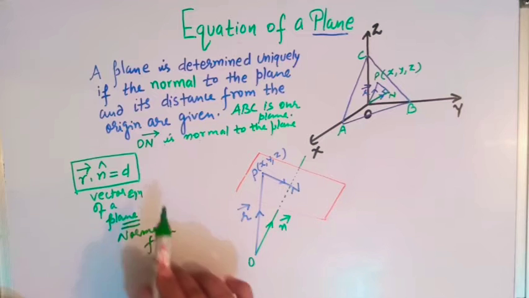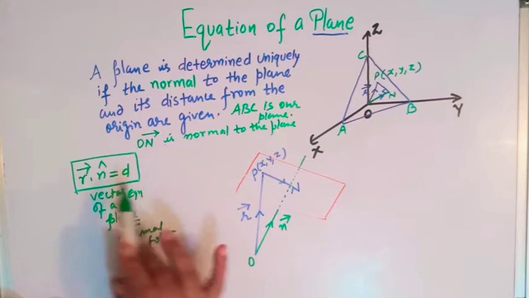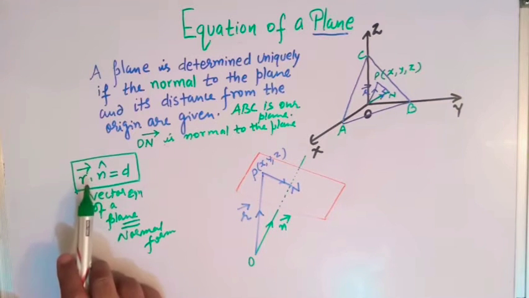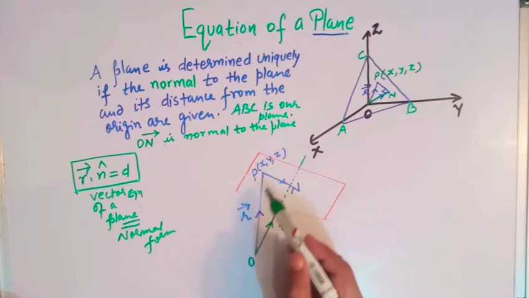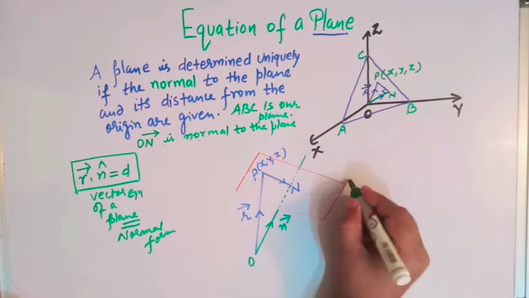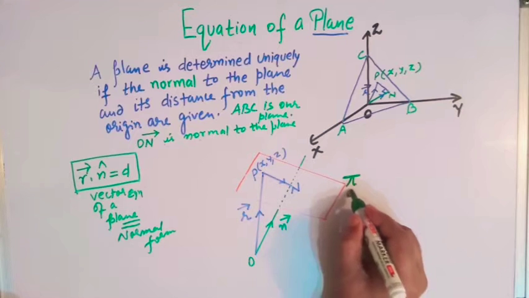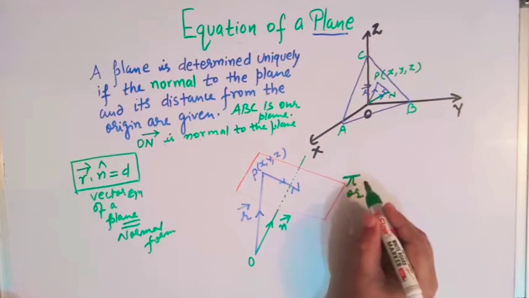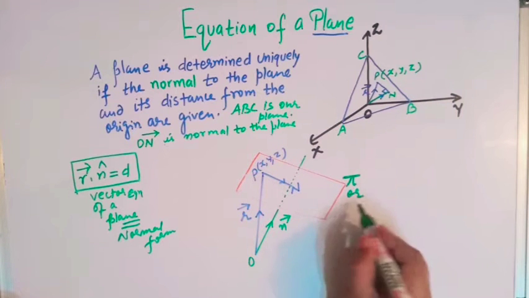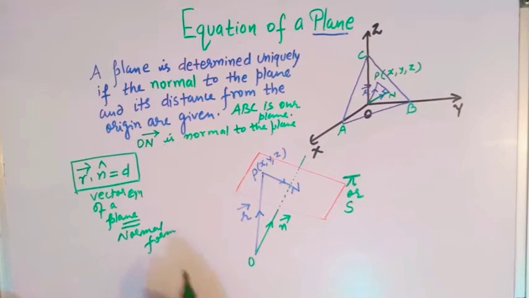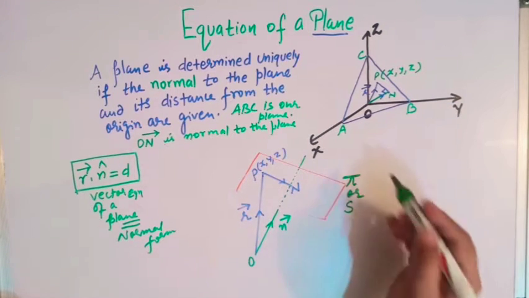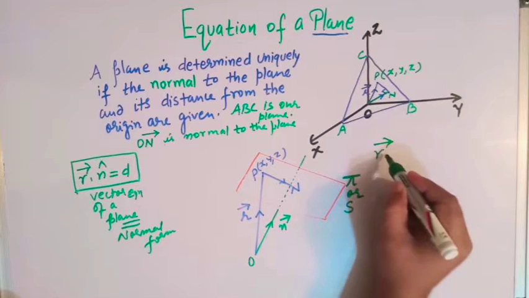Now viewers, thus we have derived the normal form of the vector equation of the plane. So here this is a plane, and let us denote the plane by pi, or we can denote it by some other alphabet and say this is a plane S, and the vector equation is r dot n cap equals d.